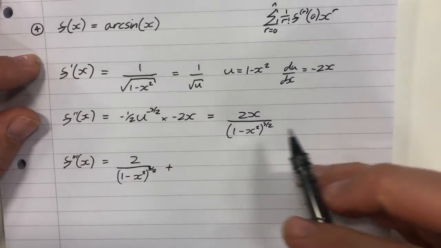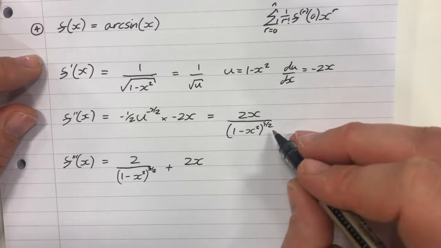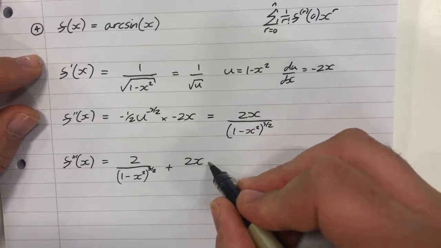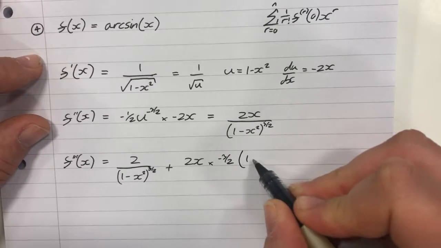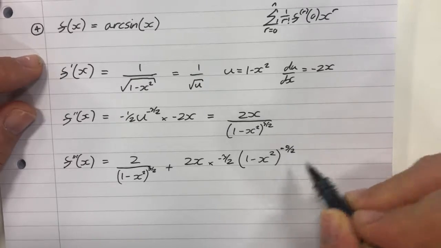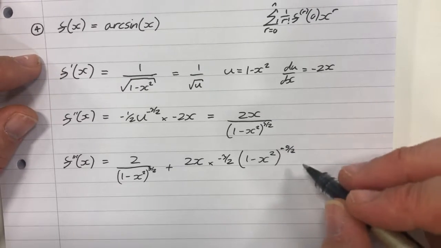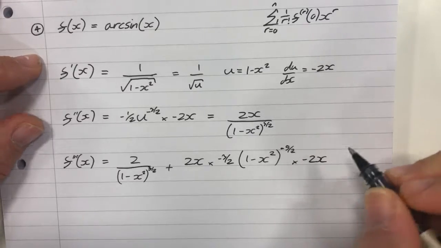Plus 2x times the derivative of this. So that's going to multiply by 3 on 2. That's going to come down by another 1, so it's going to be minus 5 on 2. And I need to multiply by the minus 2x inside.